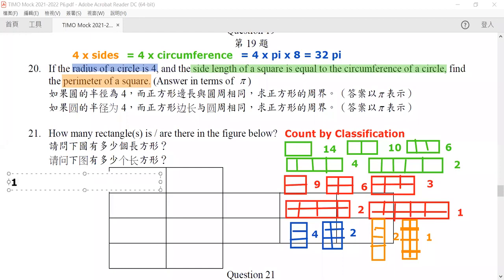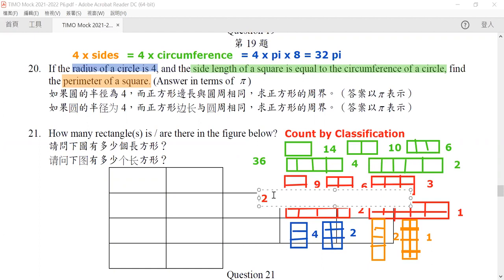By adding these numbers all together, what we get is the final answer, right? So for all the green rectangles, which are of length 1, it's 10 plus 10 plus 6 plus 4 plus 2, so it will be equal to 36. For all the red rectangles, it will be 9 plus 6, 15, and then it will be equal to 21.